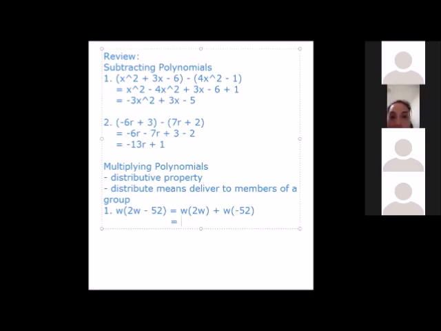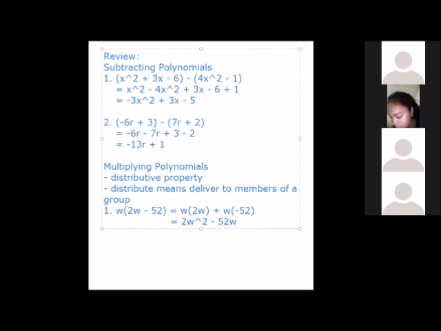W times 2W is equal to? 2W squared, ma'am. You got it right. 2W squared. And then, Han, can you answer it for us? W times negative 52. Negative 52W. Yes. Okay. So, W times 2W minus 52 is now equal to 2W squared minus 52W.